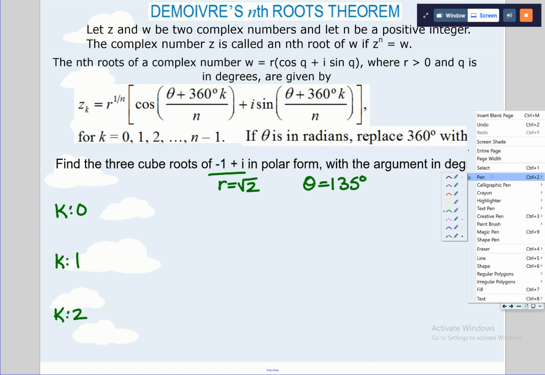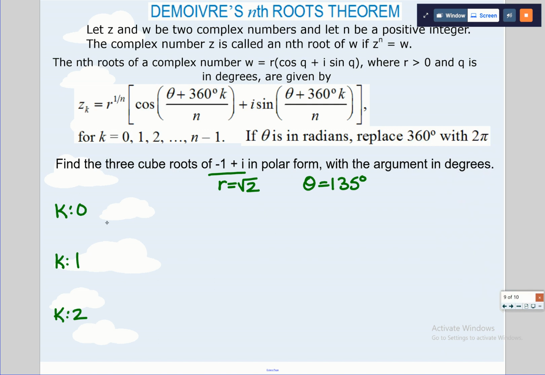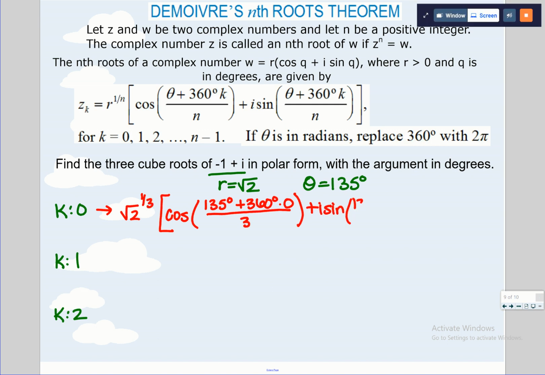Plugging it in, starting with K is 0. I'm going to take my r, square root 2, to the 1/3 power, because I'm doing a cube root. n is 3. Cosine of my theta, 135, plus 360 times K, which is 0, over 3, plus i sine, all the same stuff, 135 plus 360 times 0 over 3.